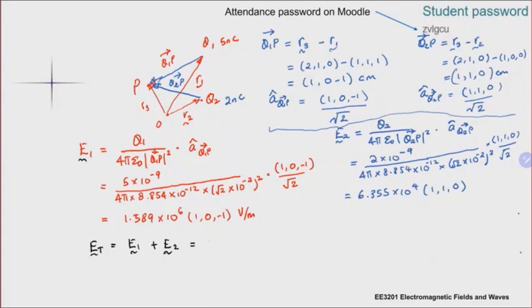That will be 1.589 times 10 to the 5, 0, minus 1.589 times 10 to the 5, plus 6.355 times 10 to the 4, 6.355 times 10 to the 4, and then 0.